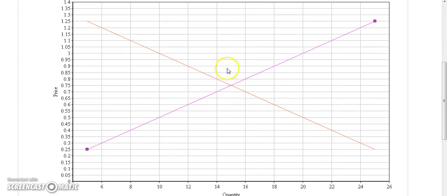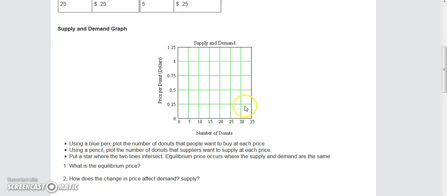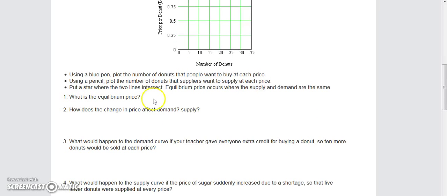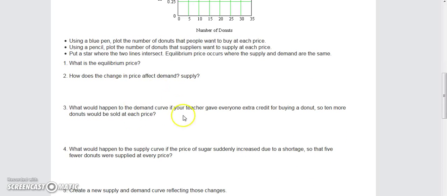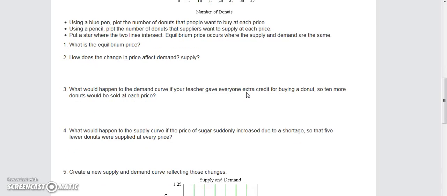The equilibrium is found right here in the middle. That will be a question for you. As we're going down here, it's going to say, what's the equilibrium price? Well, that's where the supply and demand meet. So that is going to be a number, an amount, I should say. Then you'd answer these questions, but again, you don't need to answer them here. You're going to find them in U4A4.